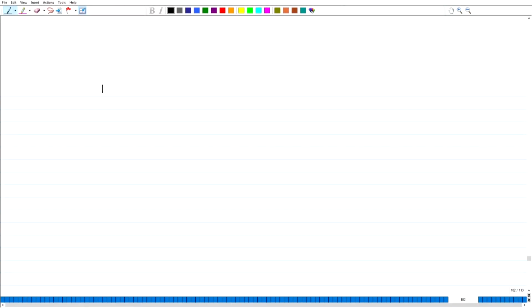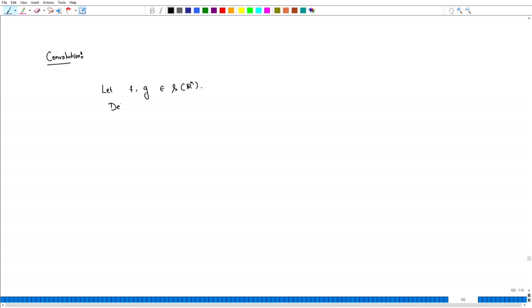So, here we define convolution. Let f and g both belong to the Schwarz space.